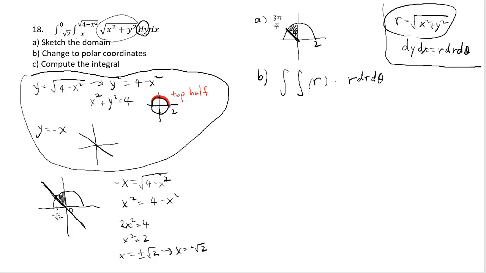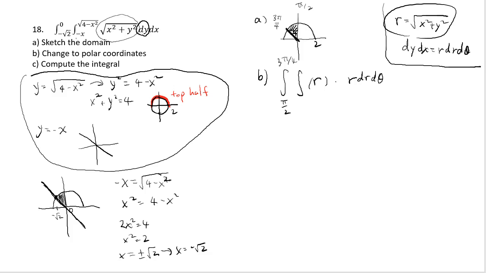Maybe these are something that you should definitely remember. Okay, what about the theta? Theta goes from pi over 2, which is 90 degrees, until 3 pi over 4. So you should put pi over 2 to 3 pi over 4.